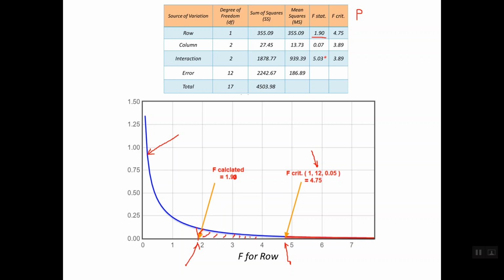And as you see here, the area to the right of the calculated F is greater than the value of the significance level, which is 0.05. So this is another way to make a conclusion without the calculation of the F critical.